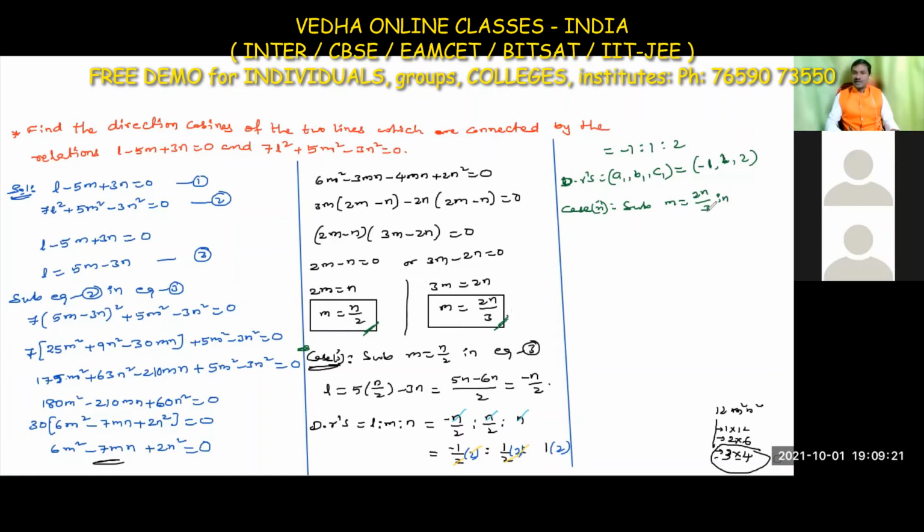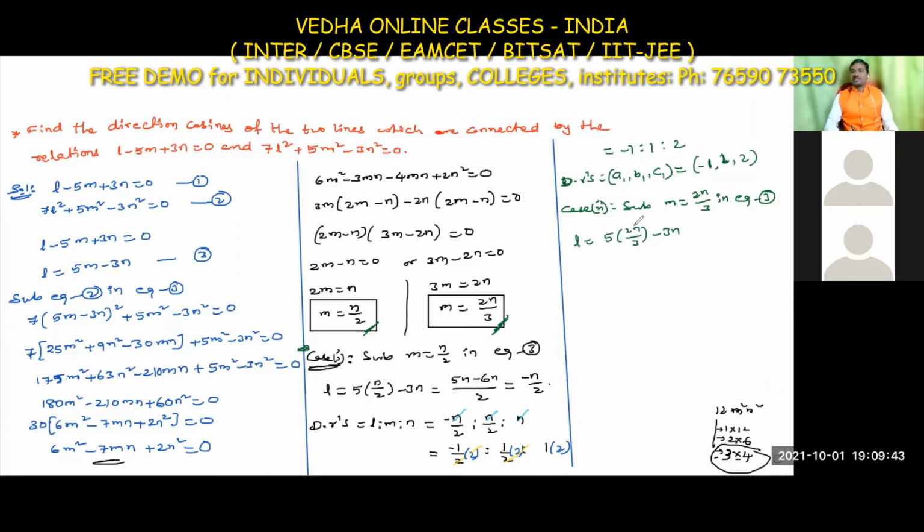If m is equal to 2n by 3, then substituting in equation number 3, L is equal to 5 into m. m means 2n by 3, minus 3n as it is.